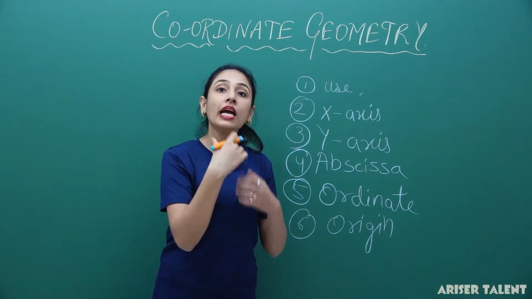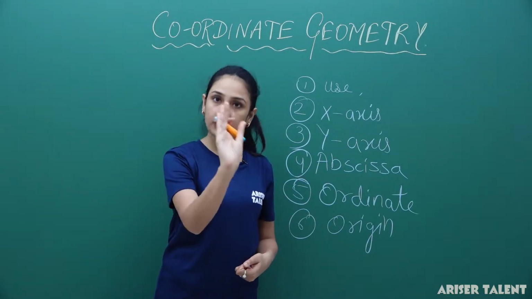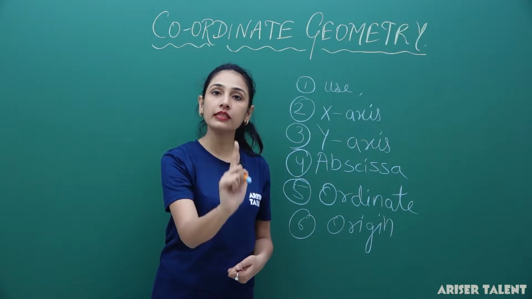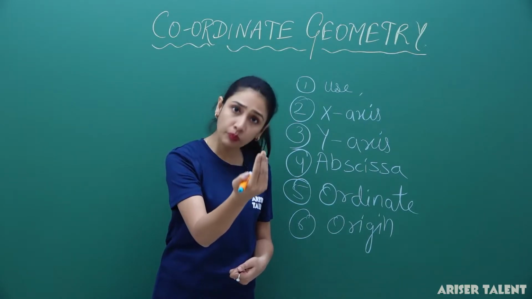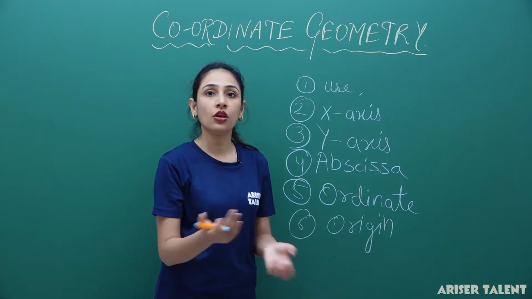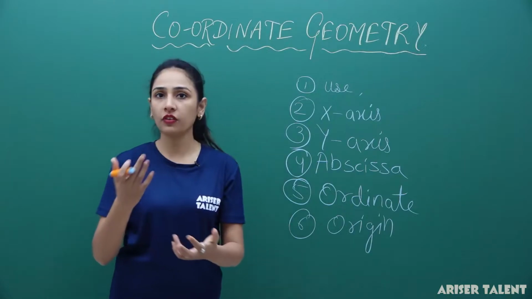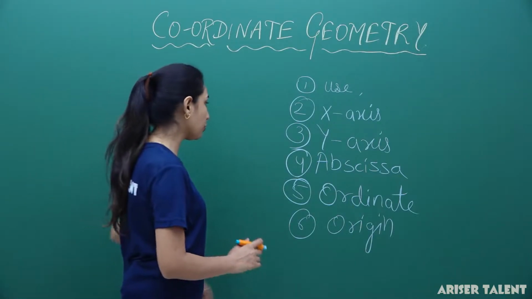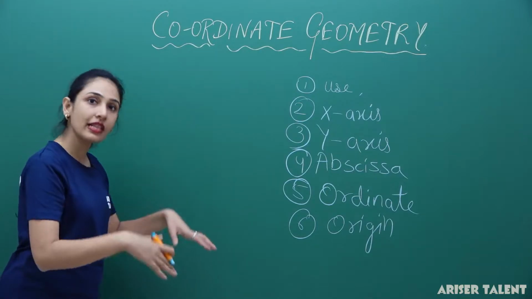As O. If you are representing a single point, then you will name it simply P, and if you have more than one point on your plane, then you can call them P, Q, R, S, whatever it is, as per your choice. Now, this we have covered in our previous lecture.